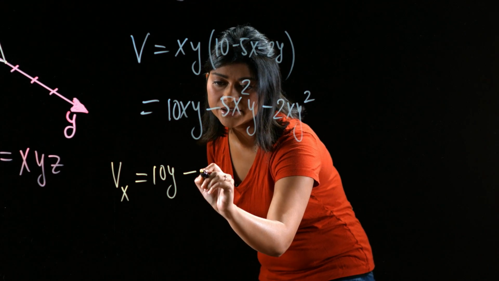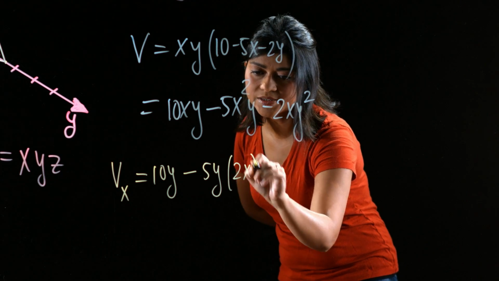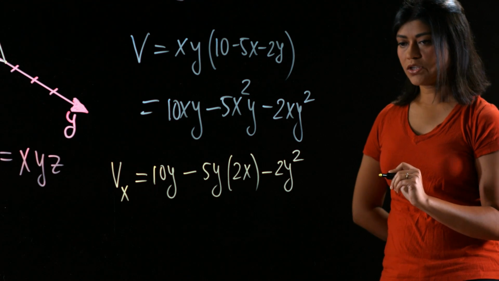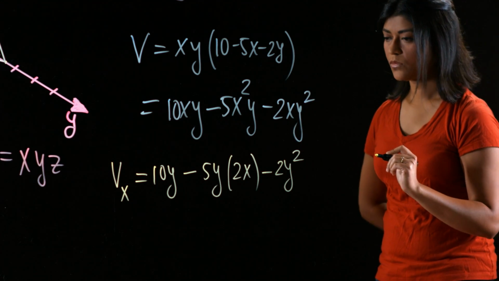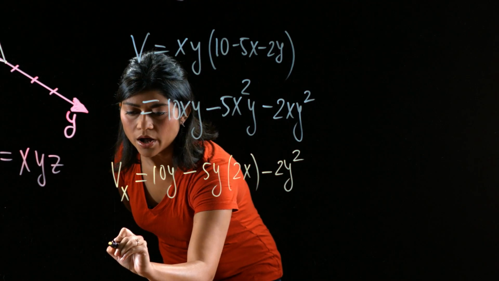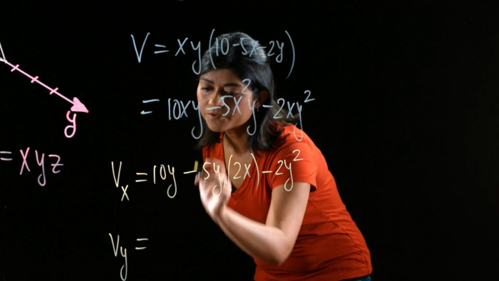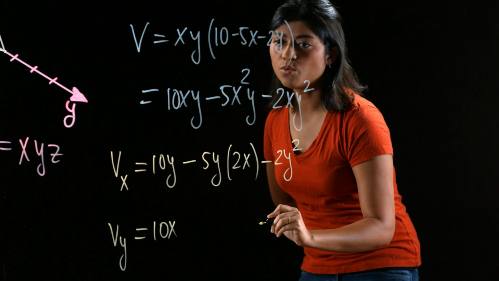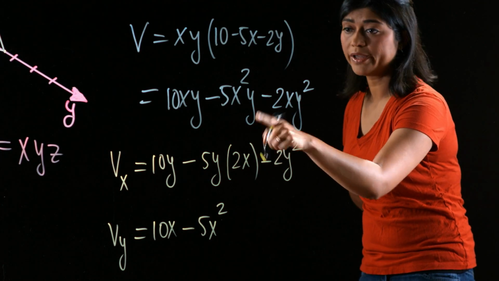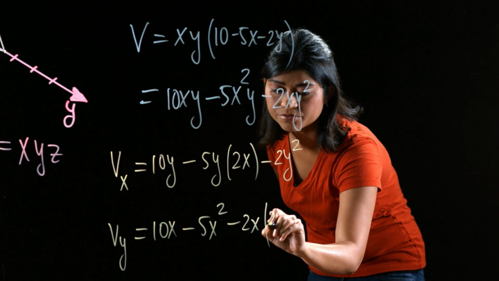Then negative 5y is constant, and the derivative of x squared is 2x. Finally, negative 2y squared is constant, and the derivative of x is 1. Vy will be the same thing except x is constant now. From the first term we get 10x times 1, the second term negative 5x squared, and the derivative of y is 1. The last term is negative 2x times y squared, whose derivative is 2y.